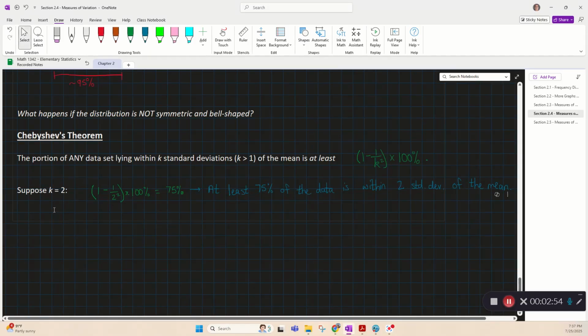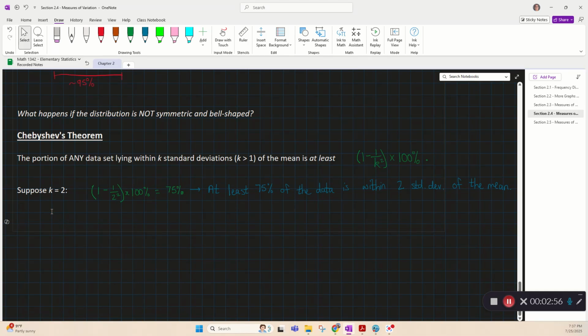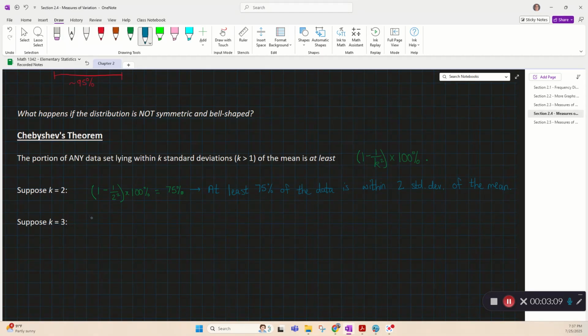Now, I can do it again, just so we really get a feel for what's going on. Let's say K was equal to 3. Same formula. I could do 1 minus 1 over 3 squared times 100%.